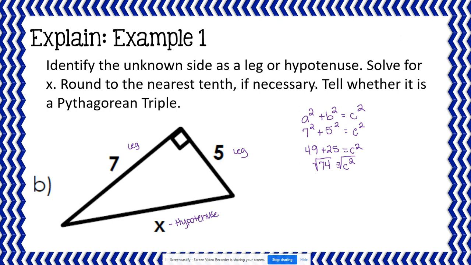But when you look at your directions, it says round to the nearest tenths if necessary. If I put the square root of 74 into my calculator, I get 8.60, which rounds to 8.6. So I'm going to say that this is about 8.6. Since this was not 3 whole numbers, I know that this is not a Pythagorean triple.